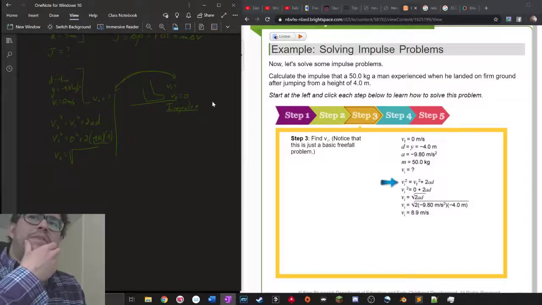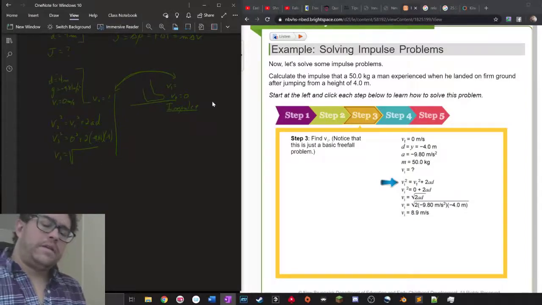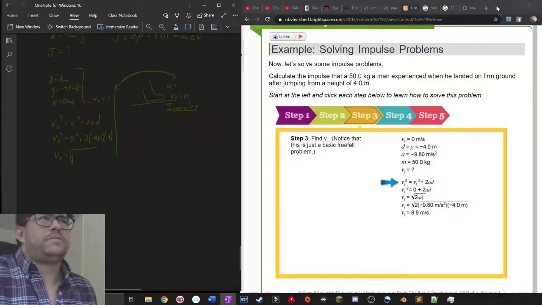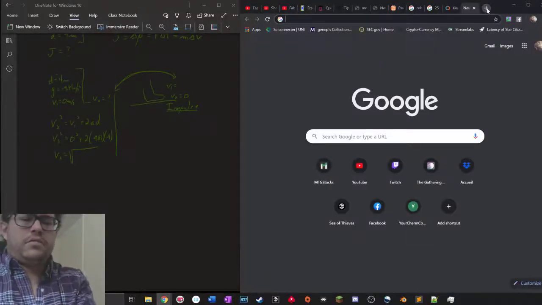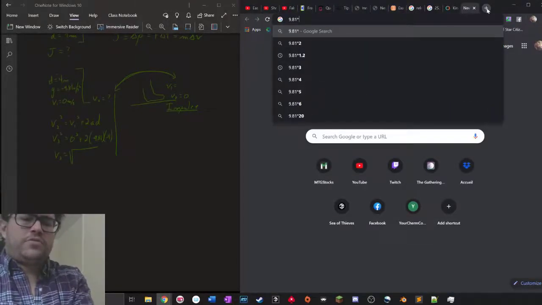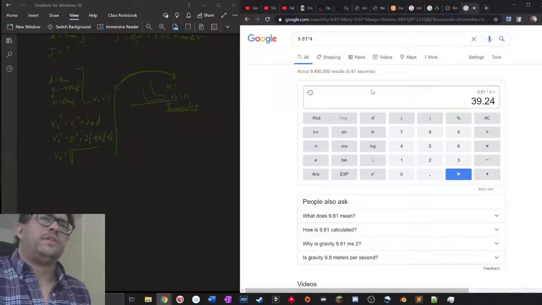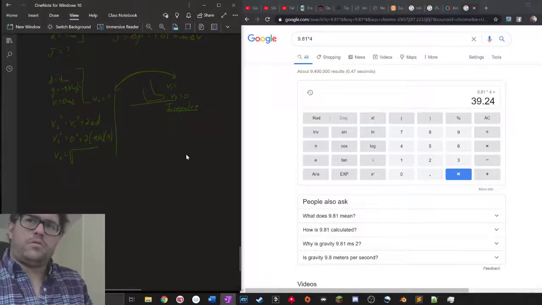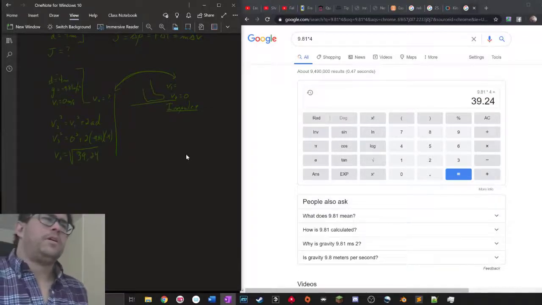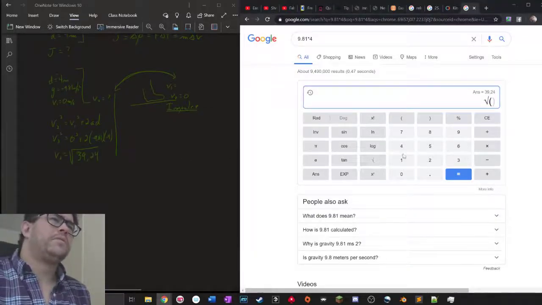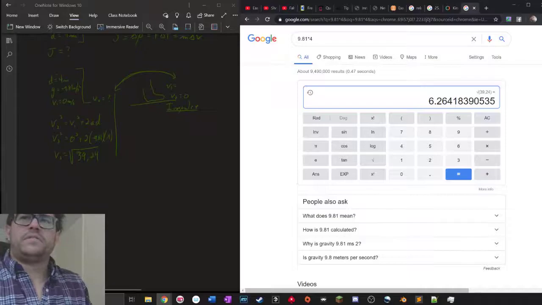And the minus cancel out. Perfect. 9.81, 3924. And the root, please. 4.6.